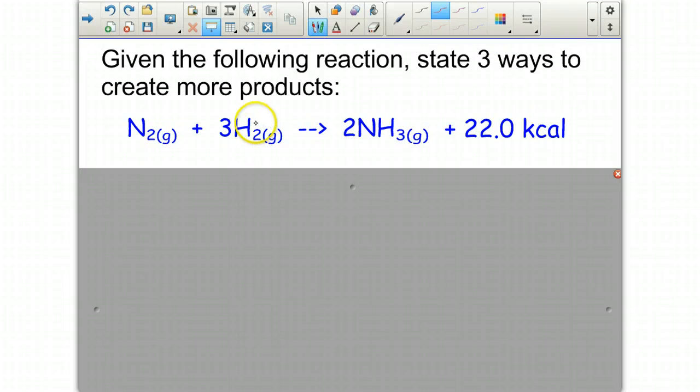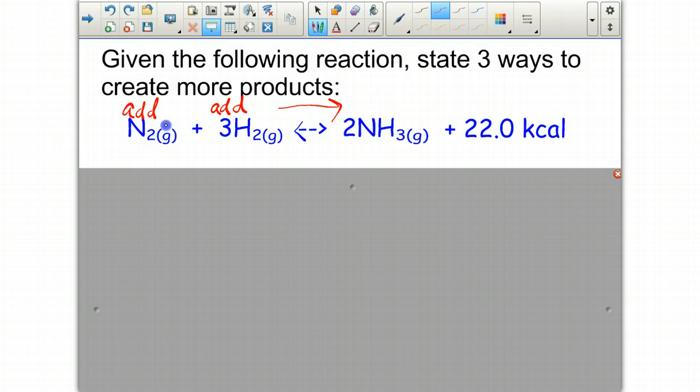Given the following reaction, state 3 ways to create more products. So what are 3 ways that I could make this system, which is technically in equilibrium, shift towards the right? If I add anything on the left-hand side, remember when we add, it'll shift away, to the opposite side.